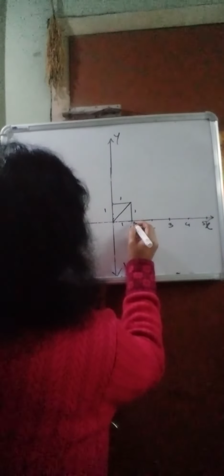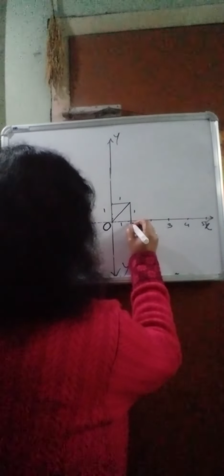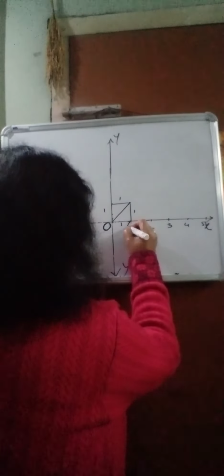Suppose this is O and this is A, so the base is OA and this is OB, that means this is the hypotenuse.